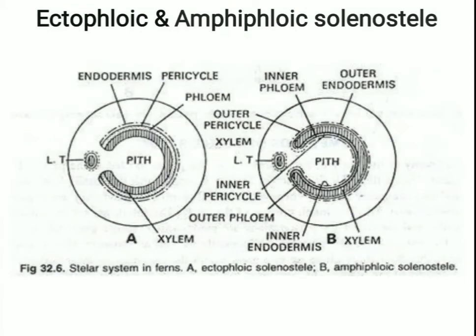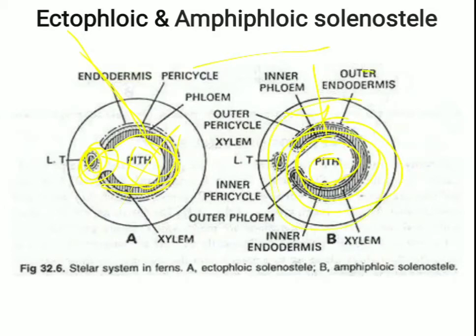First, in ectophloic solenostele, you can see the inner portion is the pith, the lining type structure is the xylem, and it is surrounded by phloem. In this type of stele some part is cut, so it is known as ectophloic solenostele. In amphiphloic solenostele, you can see the inner portion is the pith, then surrounded by phloem, then the lining type structure of xylem, then further phloem, endodermis and pericycle.